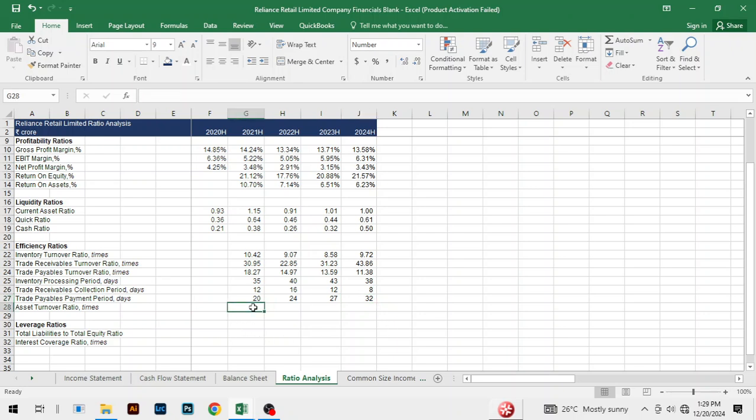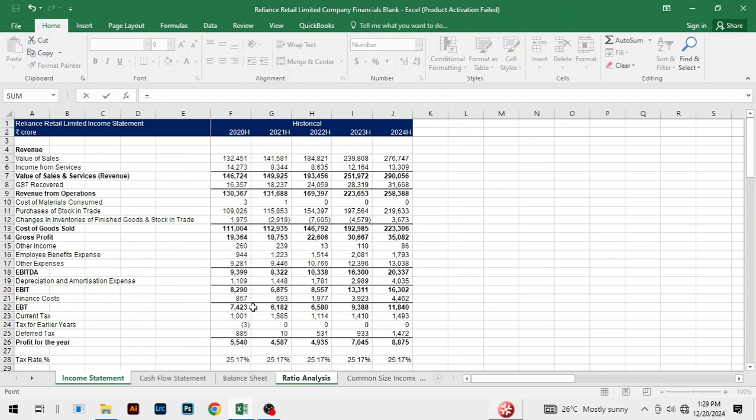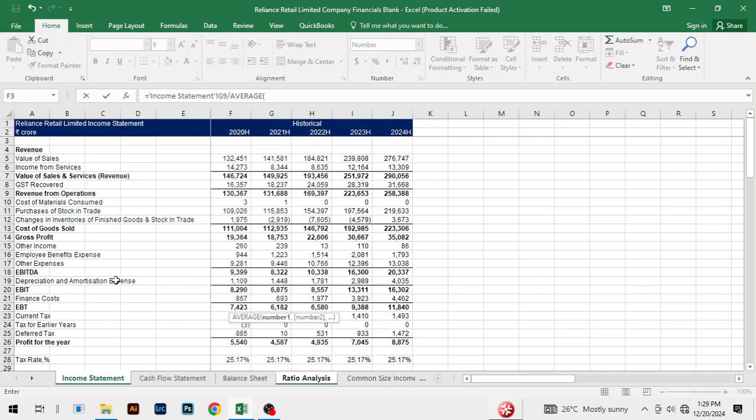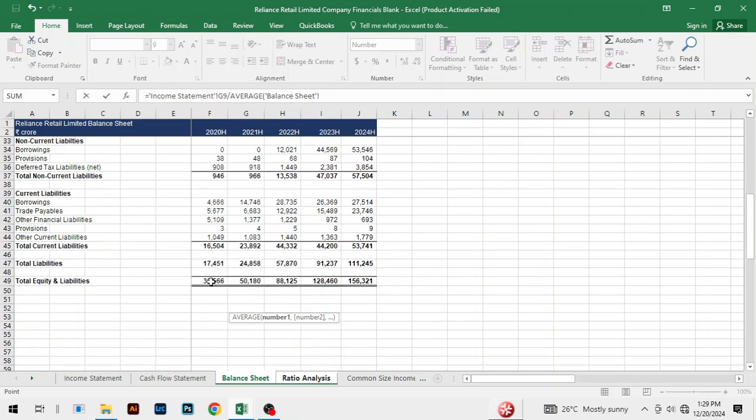And then we now want to calculate the asset turnover ratio, to find out if the company is utilizing its assets efficiently to generate revenue. So here we can do that. We take revenue, here revenue from operations, and we divide by average total assets.